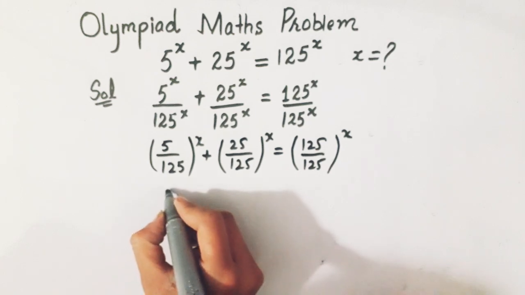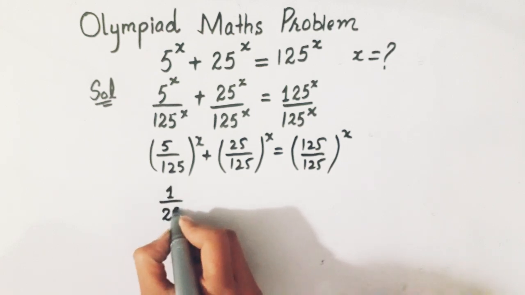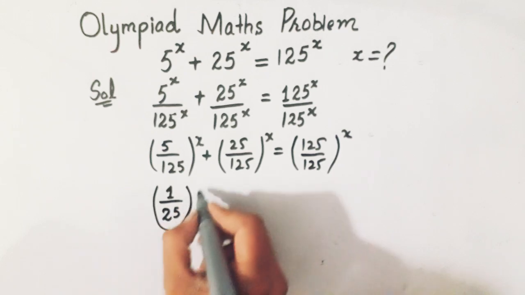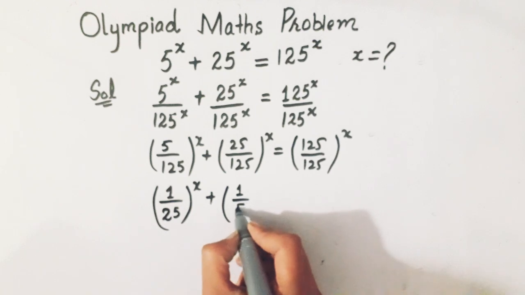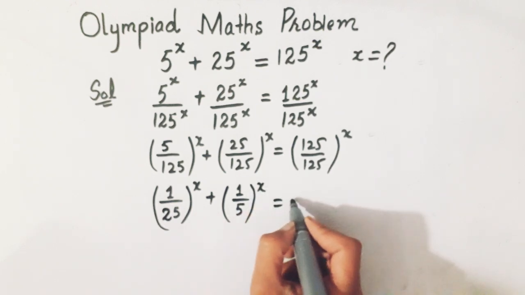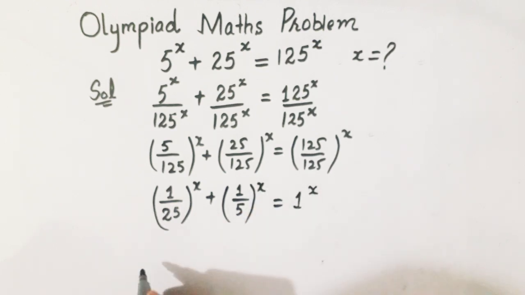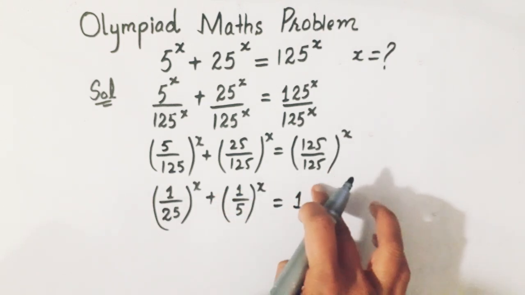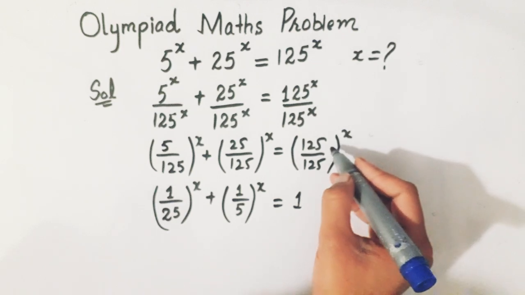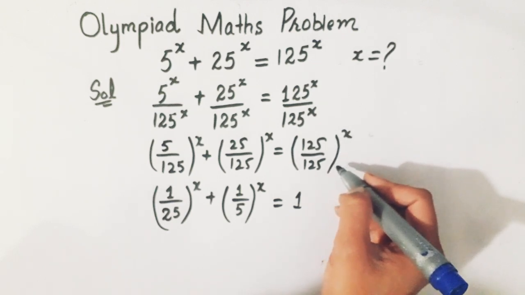Now when 5 is divided by 125, we get 1 by 25 and the whole power is x plus 25 5s are, so this will be 1 by 5 and whole power is x equals 1 power x. Now we will make a supposition here as we get this will be equals 1, since 125 raised to power x is gone, so both have x, this one and this one, so that's why x and x also cancel out.